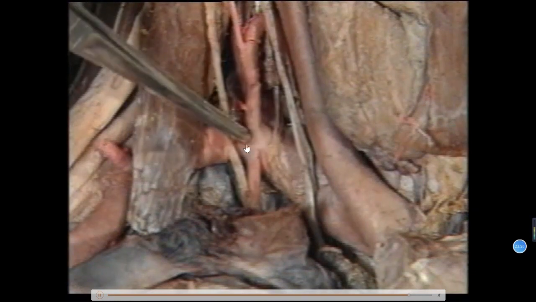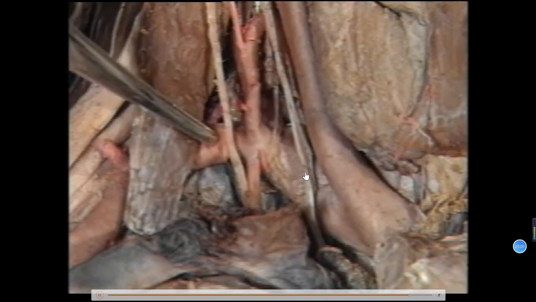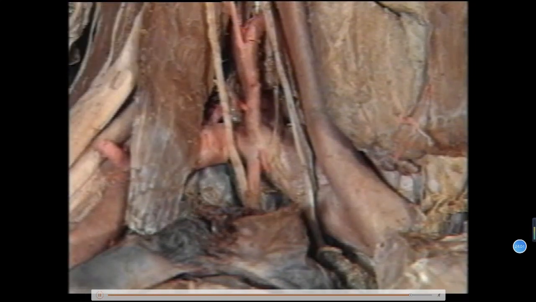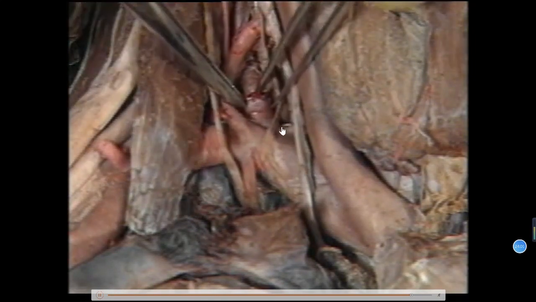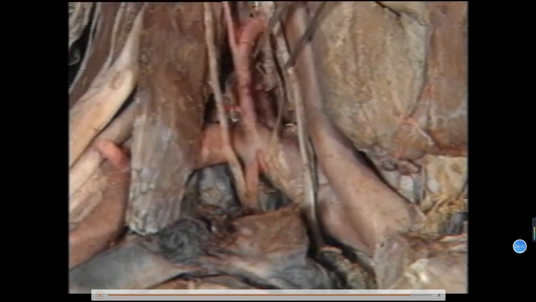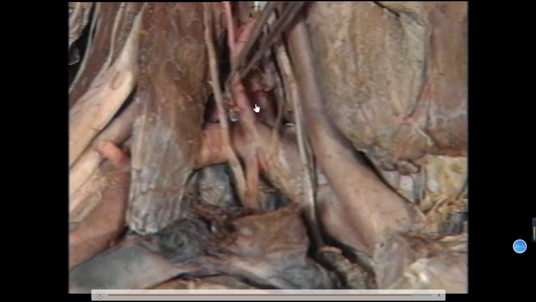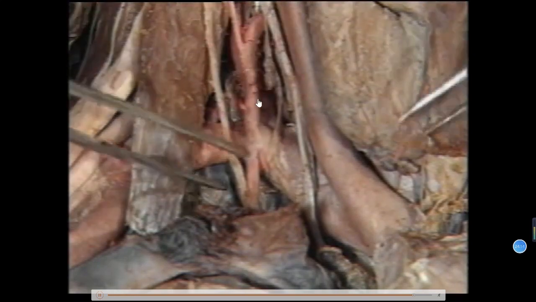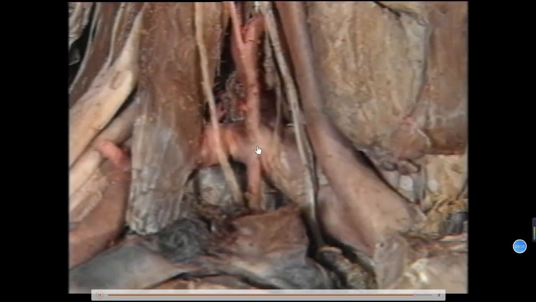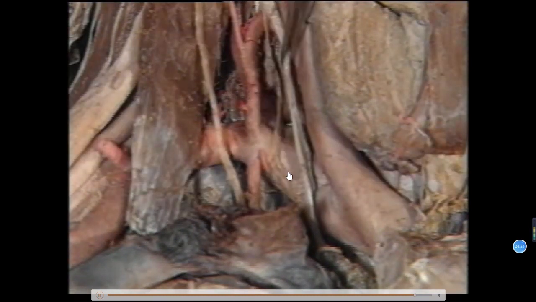Medially, the first part of the subclavian artery: vertebral artery, thyrocervical trunk, internal thoracic artery. These are branches from the first part of the subclavian artery.